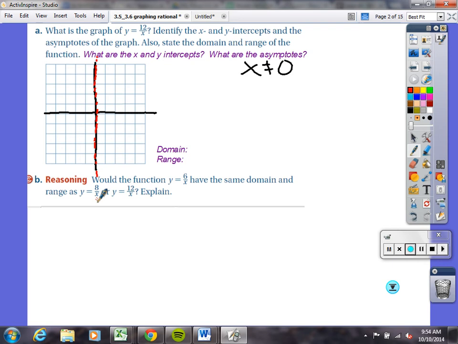Okay. So it says identify the x and y intercepts. X-intercept is when y is 0, right? So if I plug 0 in for y, I get 0 equals 12 over x.